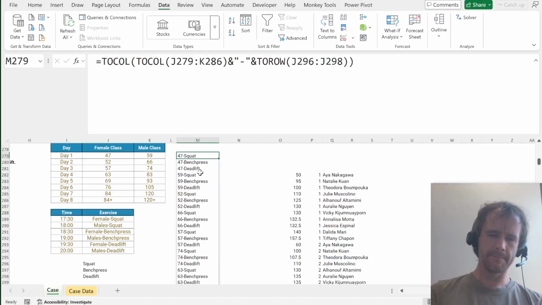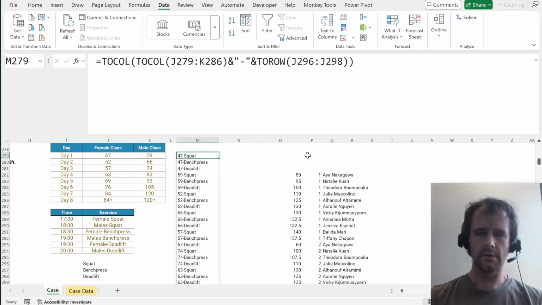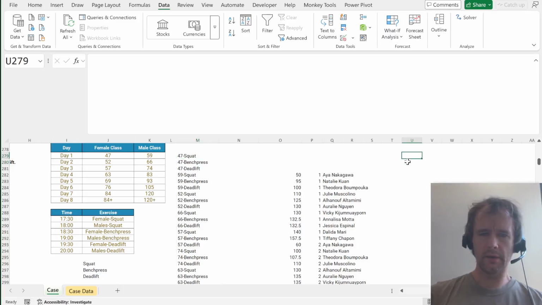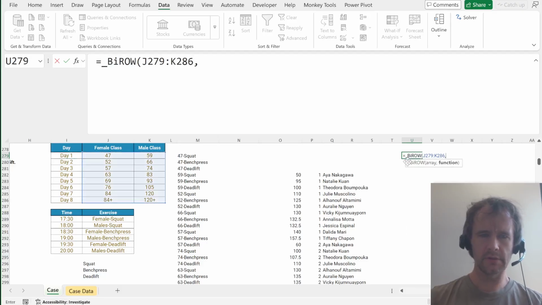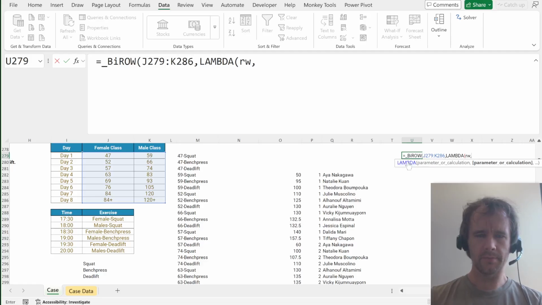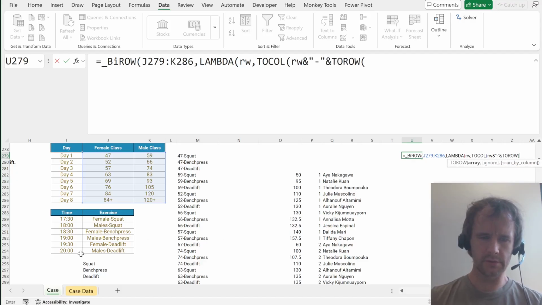So. It's annoying. How do I fix this? So I need. Okay, so I think I can say by row of this lambda row to call row and to row of this.